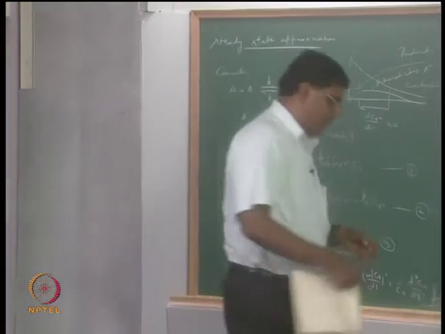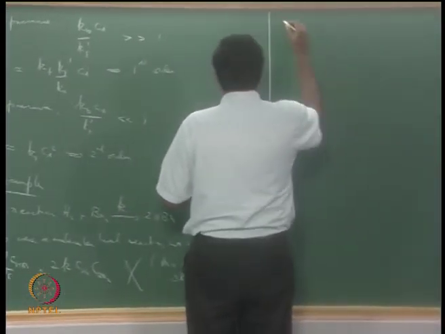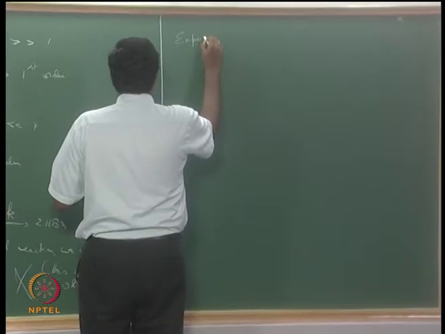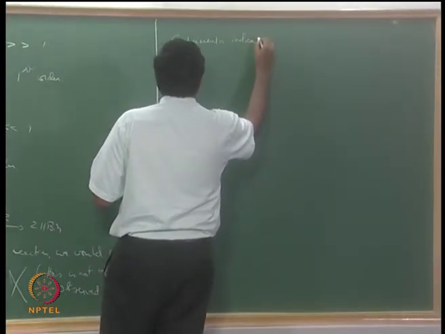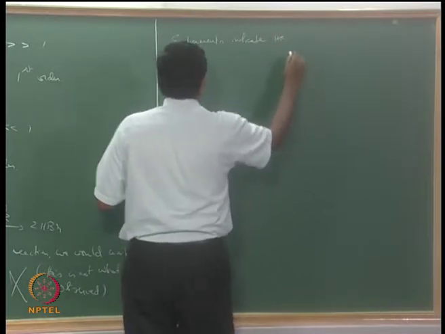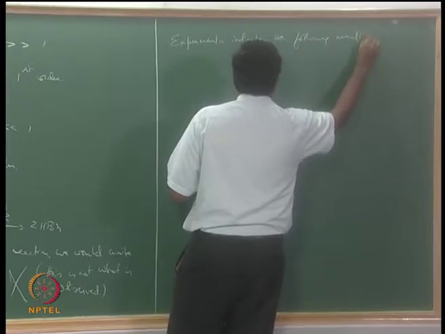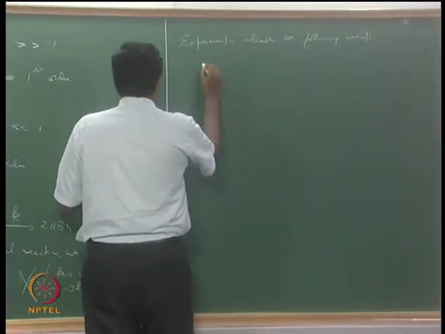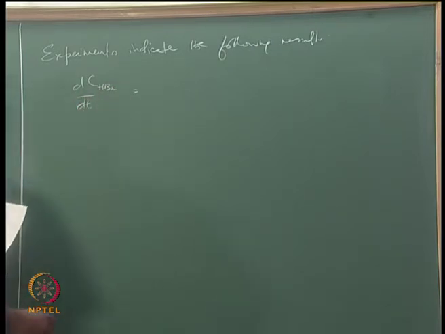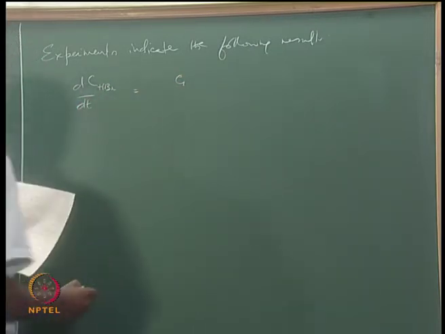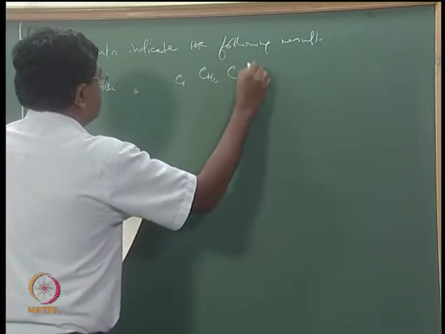So in reality, experiments indicate the following result. dCHBr divided by dt is some constant C1 CH2 CBr2 to the half.